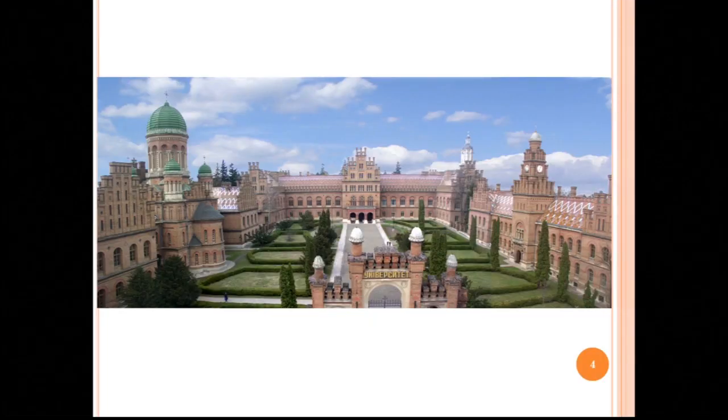It's a central entrance. Everyone can see. This is a church, because this university was founded in 1864, I think, by the law of Emperor of Austro-Hungary, Franz Joseph.